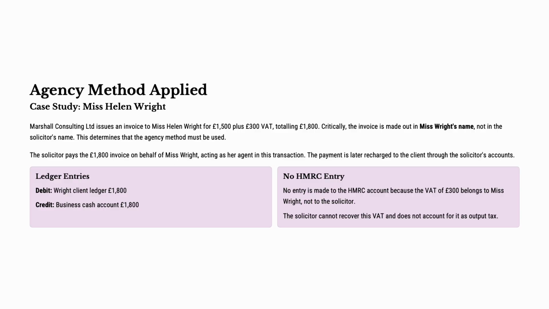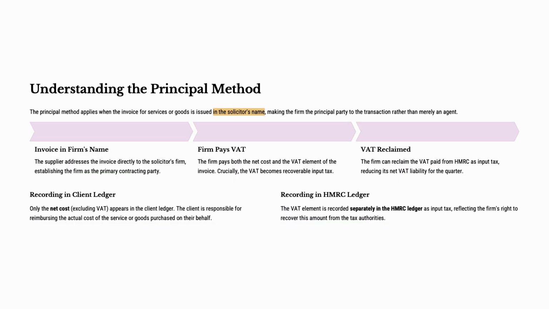We debit her ledger for 1,800 and credit business cash for the same amount. No HMRC entry, no reclaiming, no complication. A good rule: if the invoice has the client's name on it, do not touch the HMRC ledger, not at all.